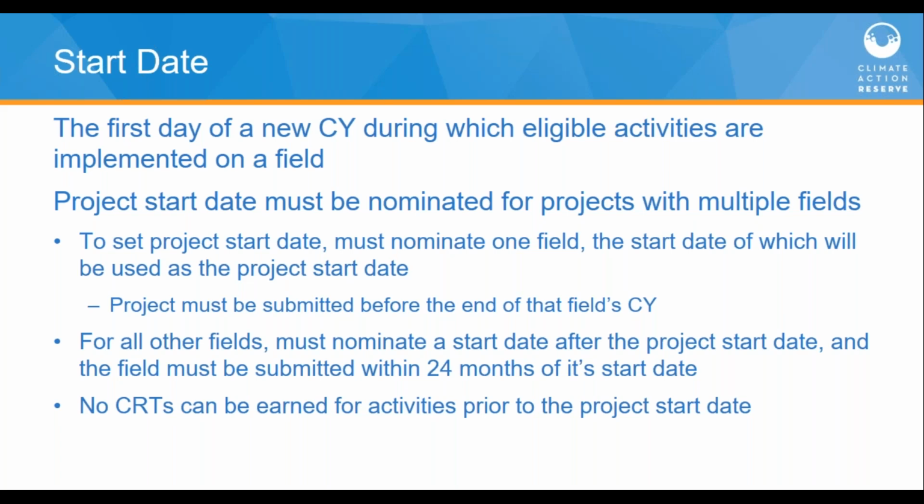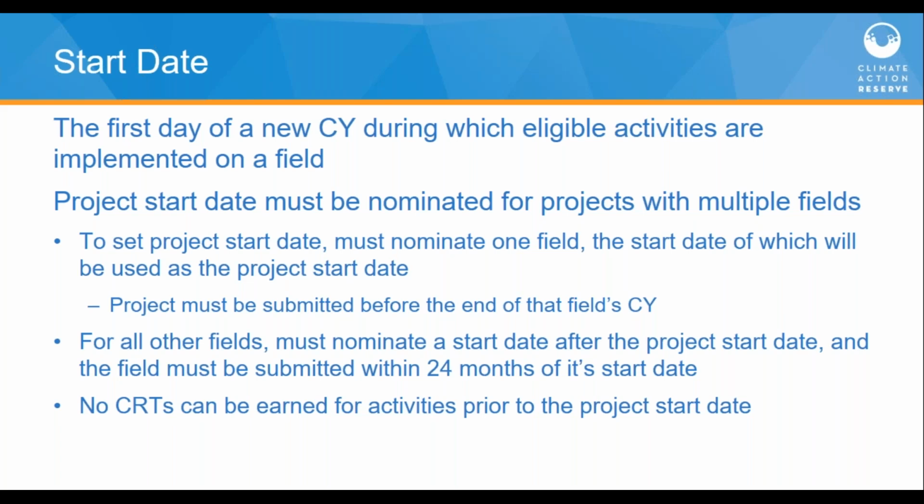This field would need to be submitted to us before the end of that field's cultivation year, so as you would expect, it needs to be submitted within 12 months of that start date. Other fields that might join this project right from the start would need to nominate a start date as well for those particular fields.